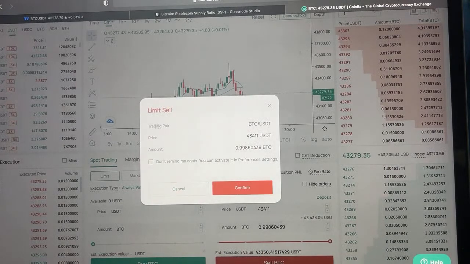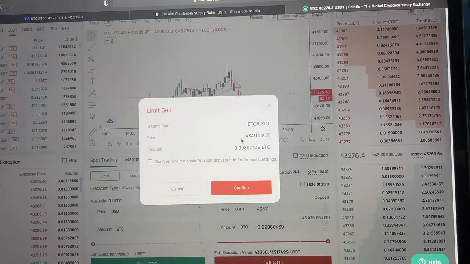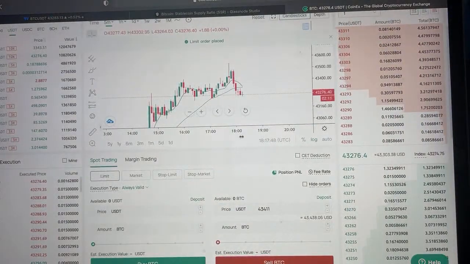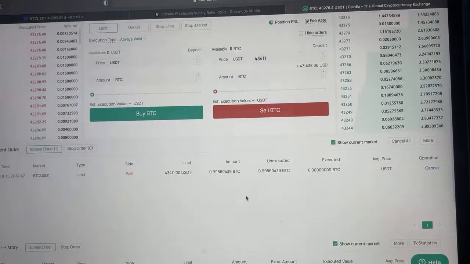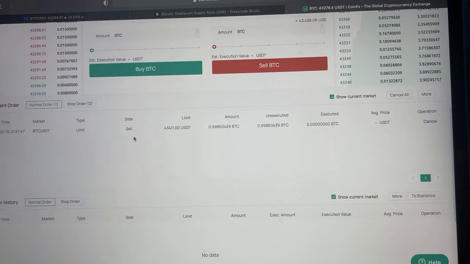Sell limit, trading pair Bitcoin USD, for 43,411 amount. Confirm. Okay, I've set a sell limit order.